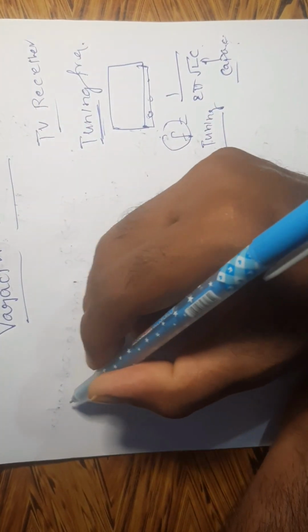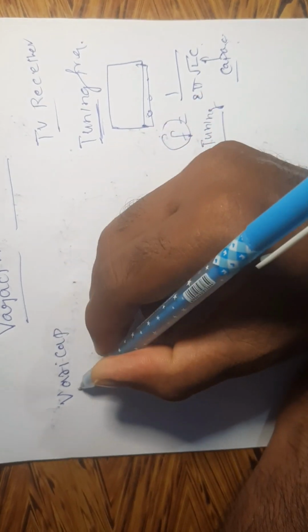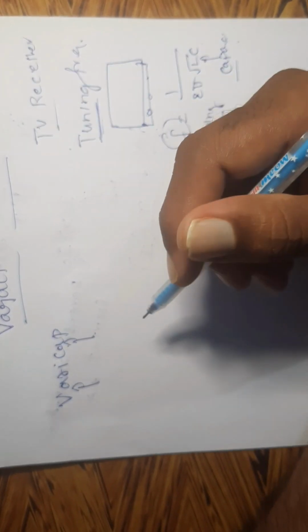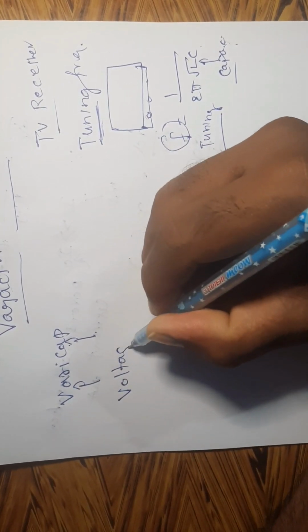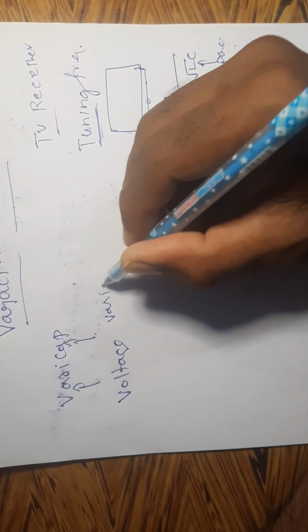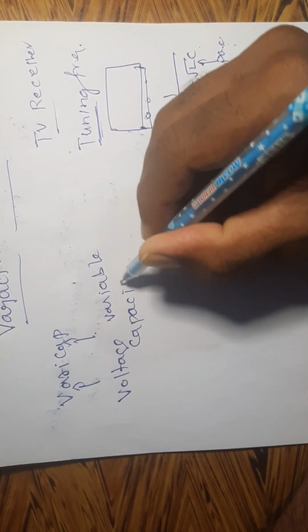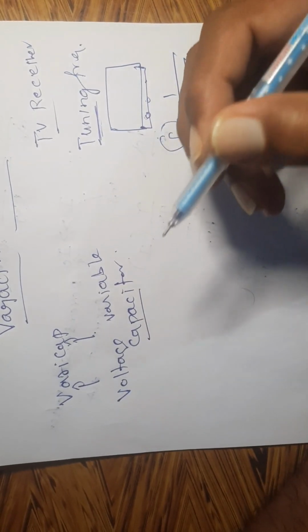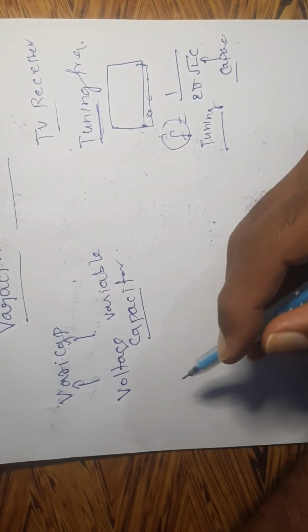What does Varactor diode mean? It is also called a varicap. Var is variable and cap is capacitor, so it is a voltage variable capacitor. By adjusting the voltage, the capacitance changes. That is the concept of the Varactor diode.